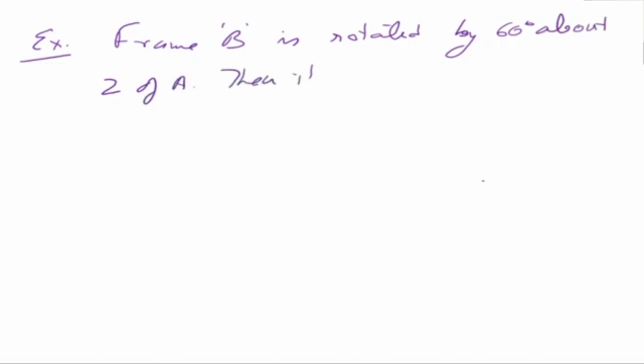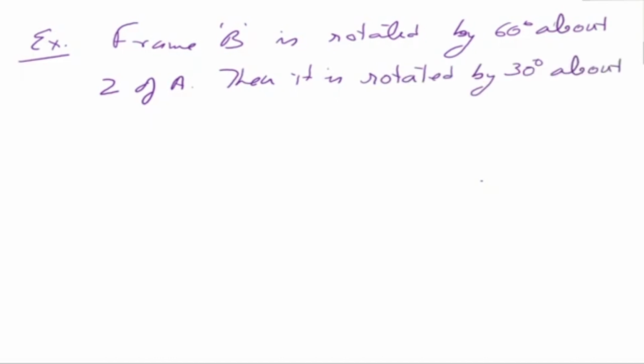Then it is rotated by 30 degrees about X of B. Now please note carefully, it is rotated by 30 degrees about the X axis of B.